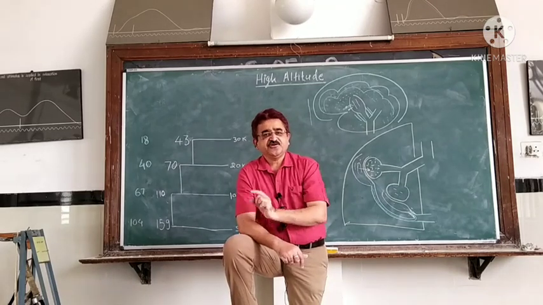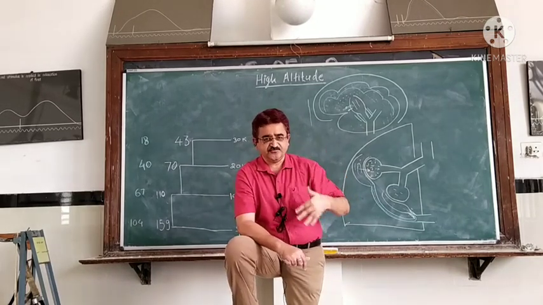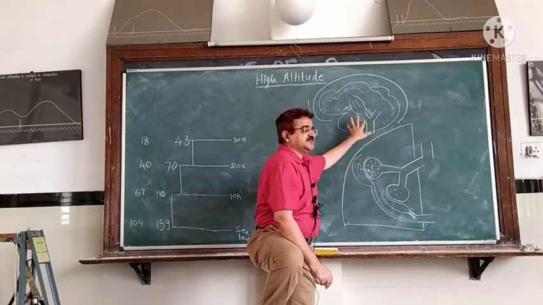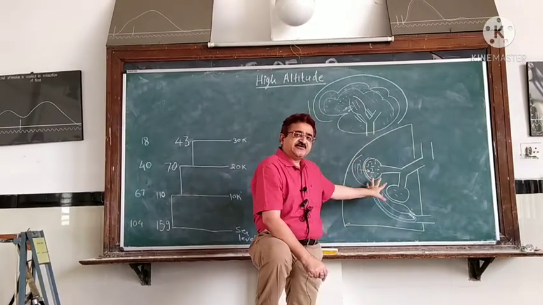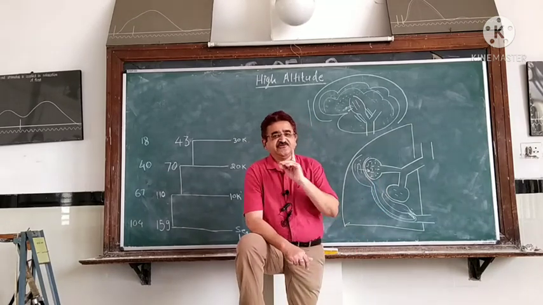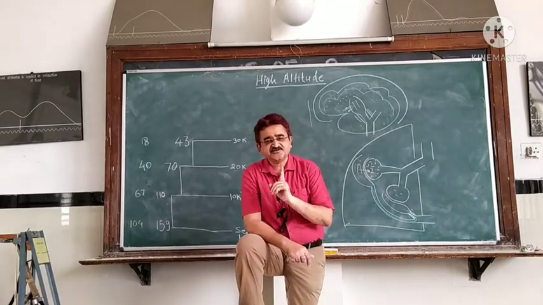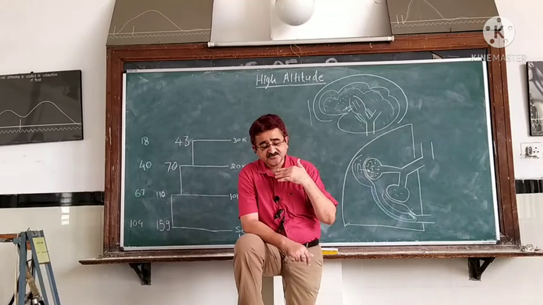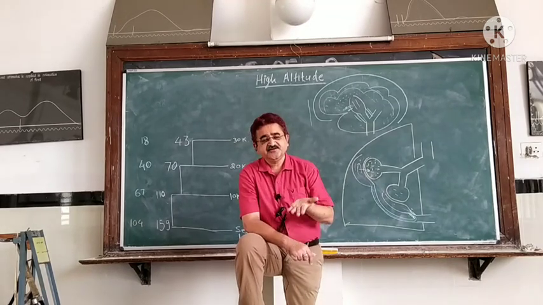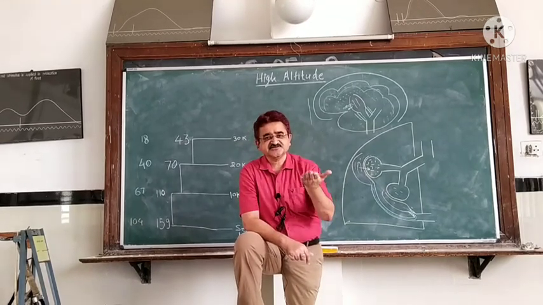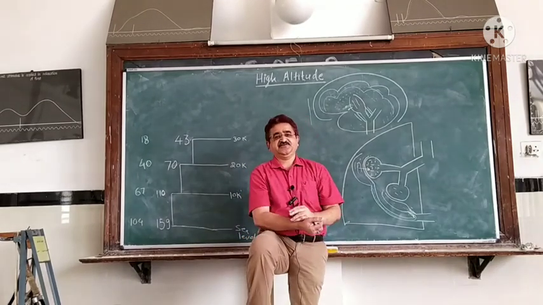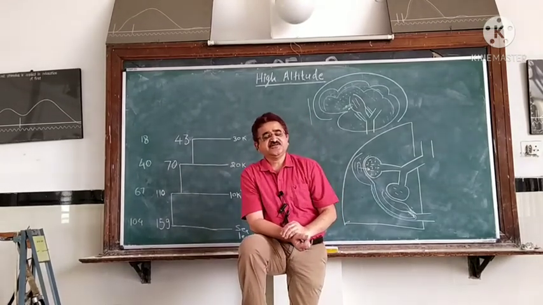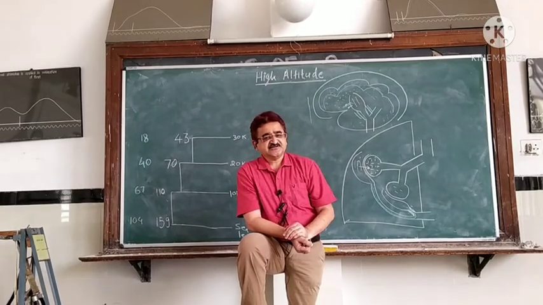This diuretic will cause loss of water from the body, and then it will relieve the edema of the cerebrum and the edema of the lung. Even if the person is not treated properly, it is better to take the person to sea level or ground level and give the treatment. So this is about acute mountain sickness.